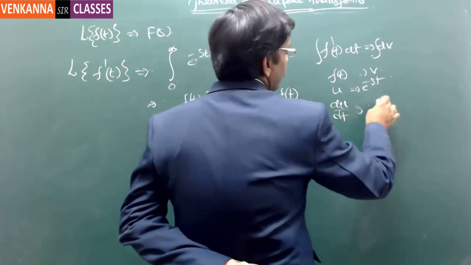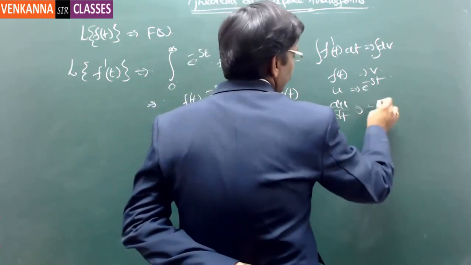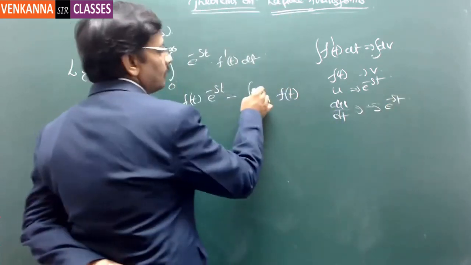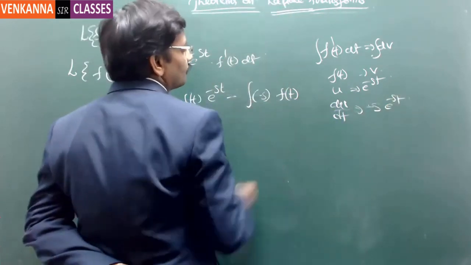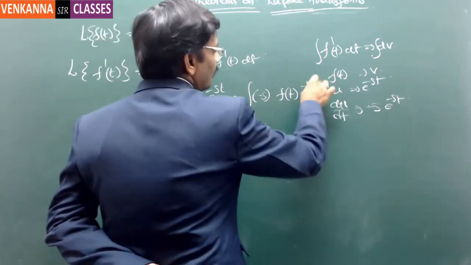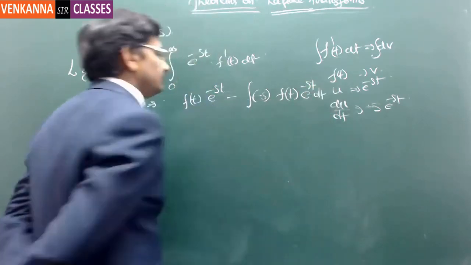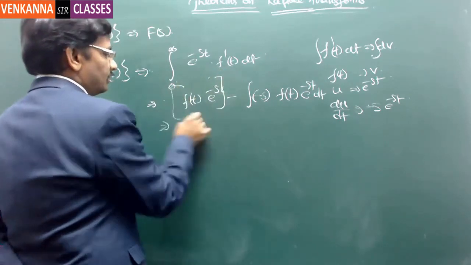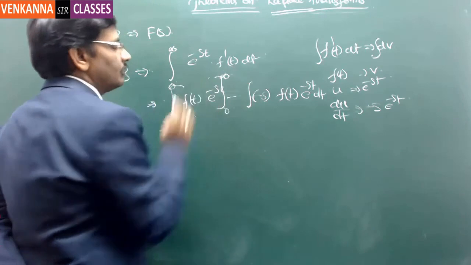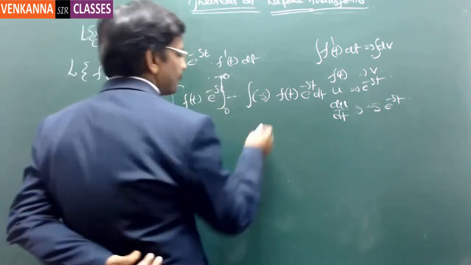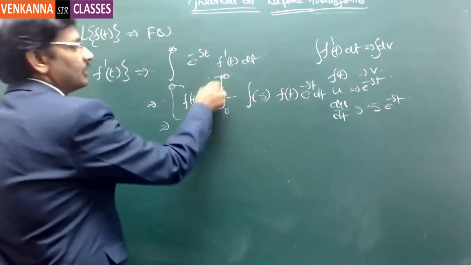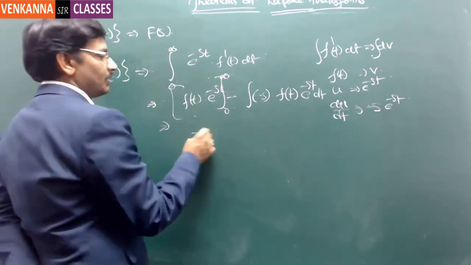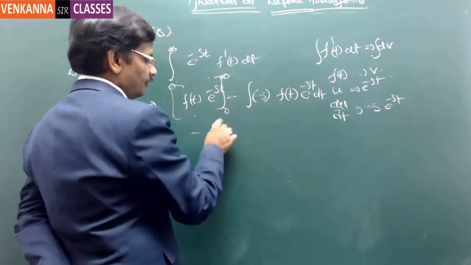du by dt is minus s into e power minus st, so du is minus s into e power minus st dt. Now the upper limit is infinity and the lower limit is 0. If you substitute t equal to infinity, this will be 0, and the lower limit gives minus f of 0.